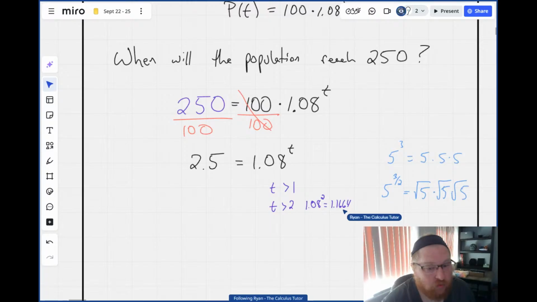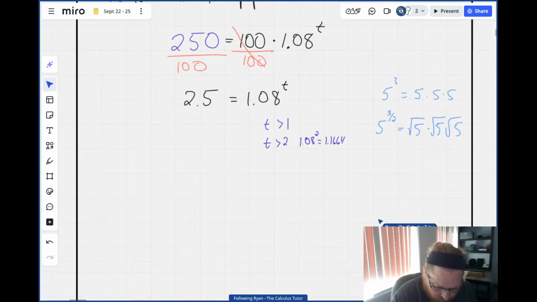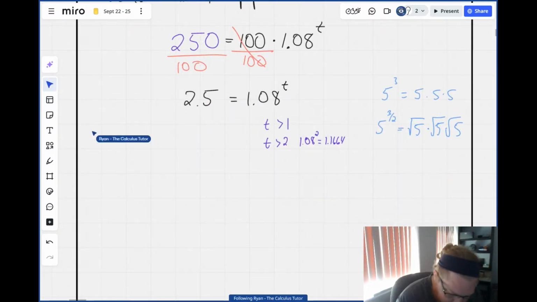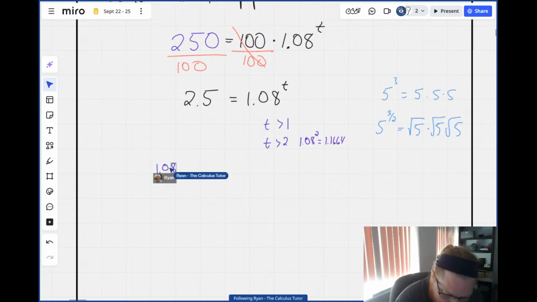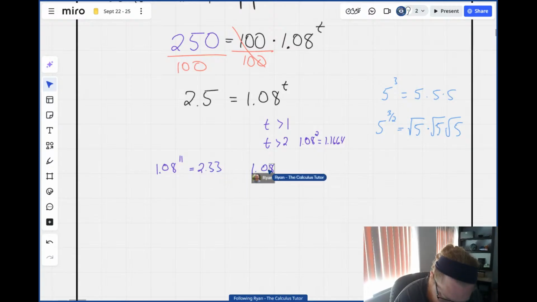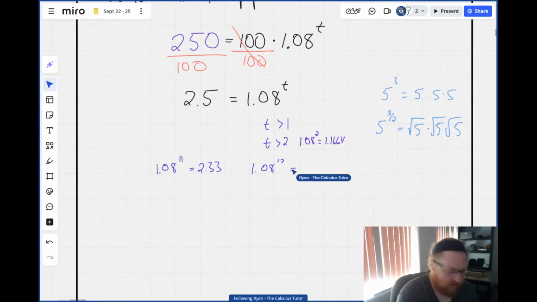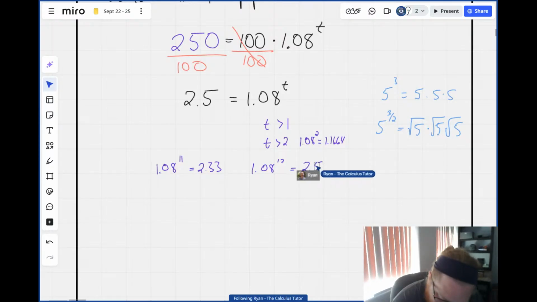In fact, we could keep doing this. This is kind of a way to solve this problem. We can figure out that 1.08 to the 11th is equal to 2.33. And 1.08 to the 12th is equal to 2.52.